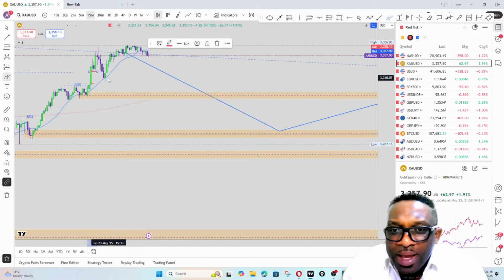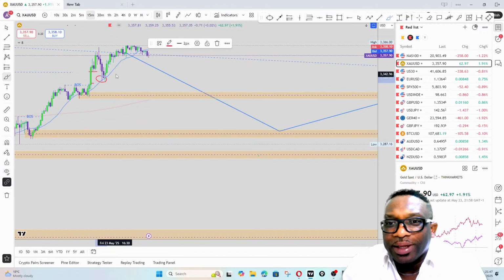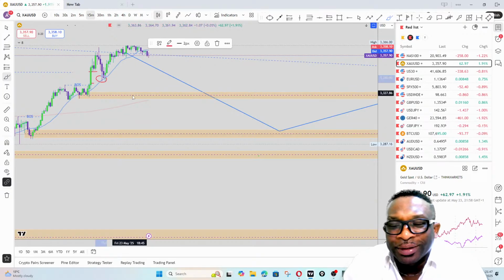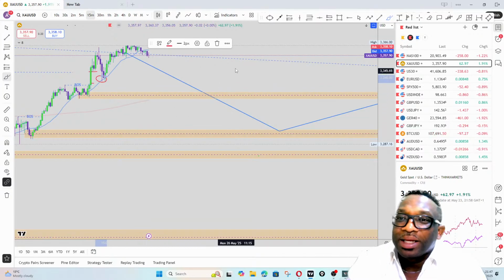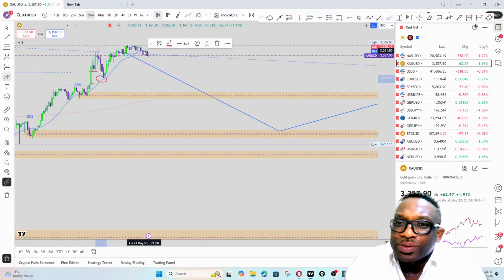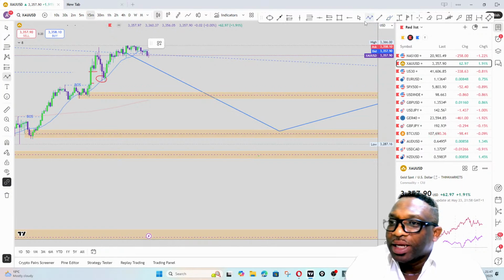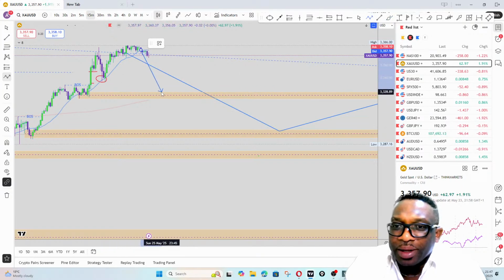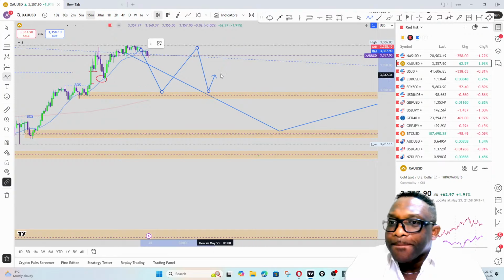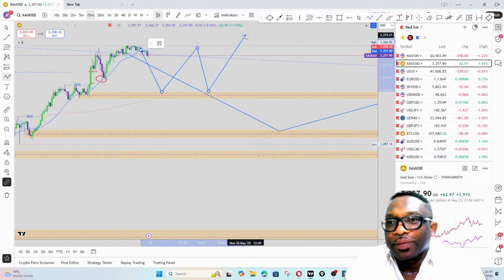So this area now acts as an area of liquidity, something to attract price. What I'm expecting, at least, is for price to drop down to this area before another push up, if it wants to continue the up move.